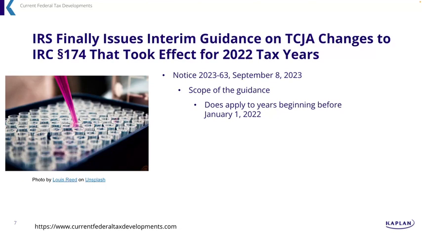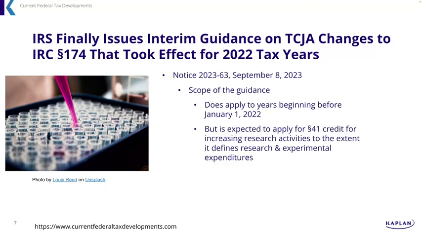But they're also saying you can't go back into 22, let's say, or into 21, and use this notice to increase the amount of your research credit. So that's part of what they're saying, at least indirectly, in this realm. But they do make it clear that going forward, this is expected to apply for the Section 41 research credit.